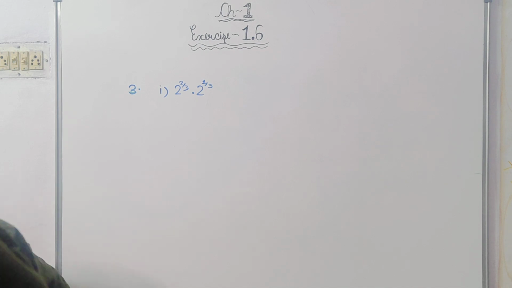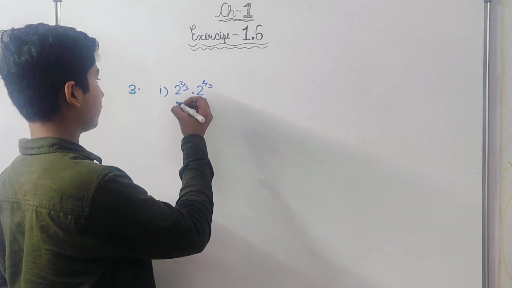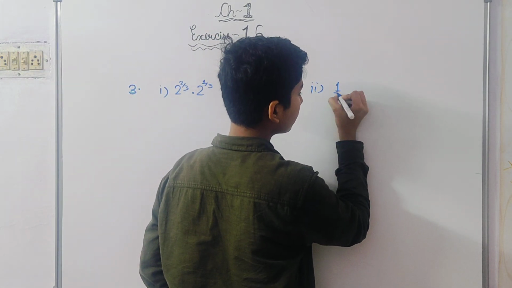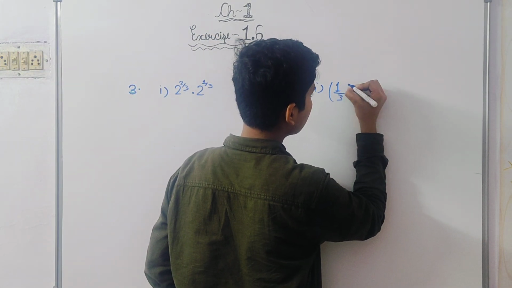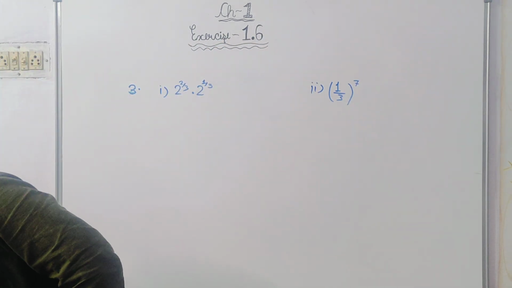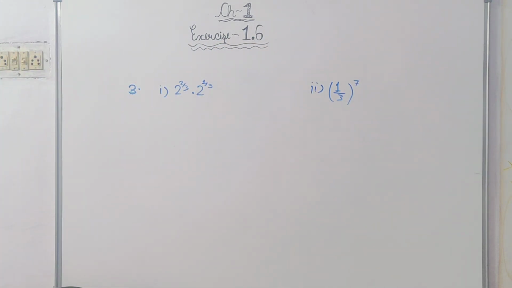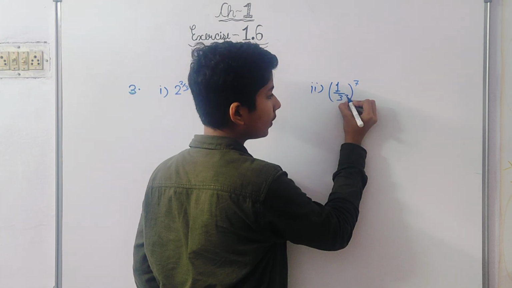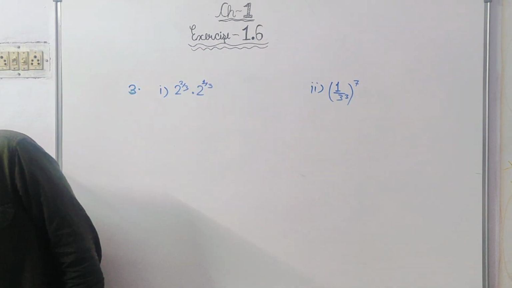Next, 1 by 3 to the power 7. And next, it would be 3 cubed to the power 1 by 7.